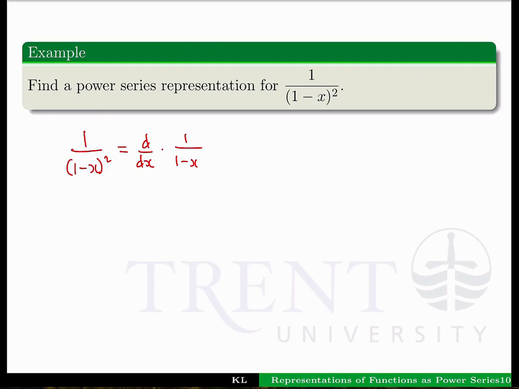Try to check. Derivative with respect to x of 1 over 1 minus x is 1 over 1 minus x squared times, by chain rule, negative 1. Oh, so there's a negative here, times negative 1.